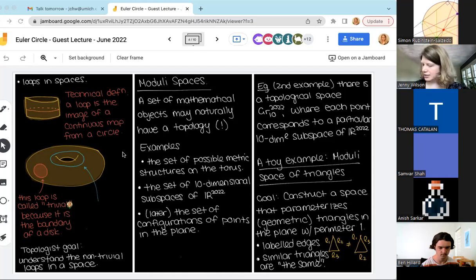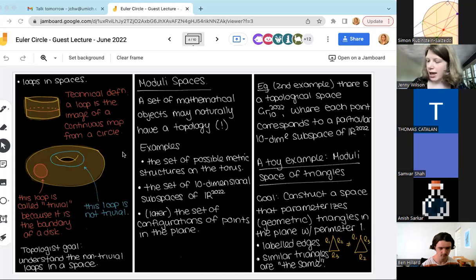In contrast, this blue loop here is not trivial. It's not totally obvious how to prove that at this point, but I can tell you it's a fact.